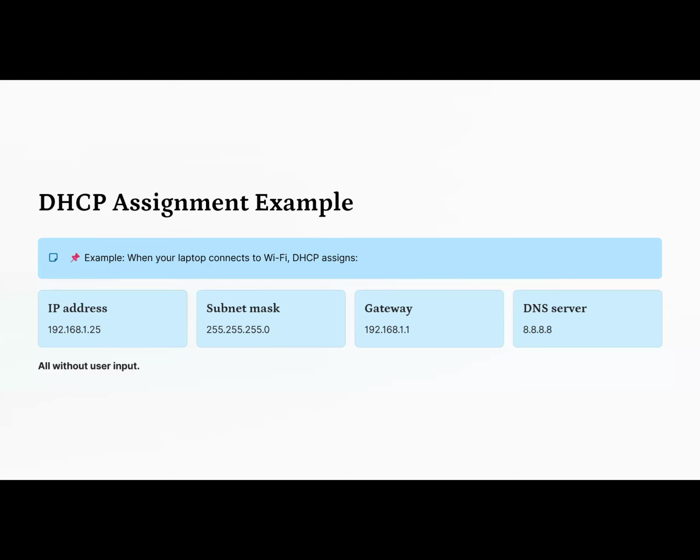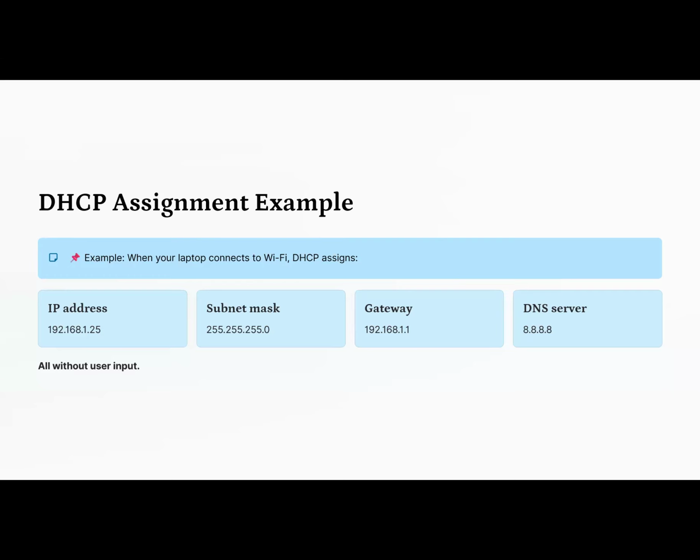So the question is, how many total IPs do we have on a /24? Great. So that is 256.